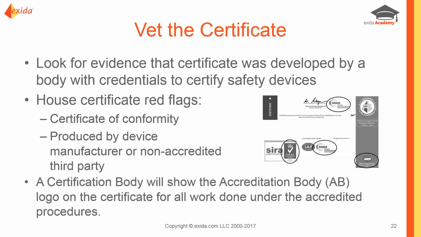And effectively what's occurring in that case is the accreditation body is coming in, they're looking at how the certification body is doing the work, what standard they're required to, what procedures and practices and checks and balances are in place, and what discipline the organization has for following their quality control of staying on track with the process as it's defined. And the accreditation body will say, yes, they do this according to all of the procedures. So if you don't see the accreditation body on their certificate, that should be a little bit concerning.